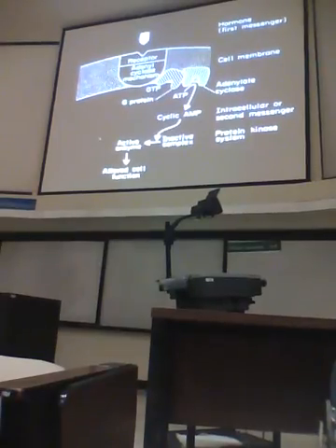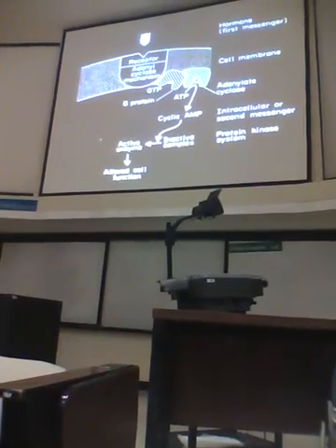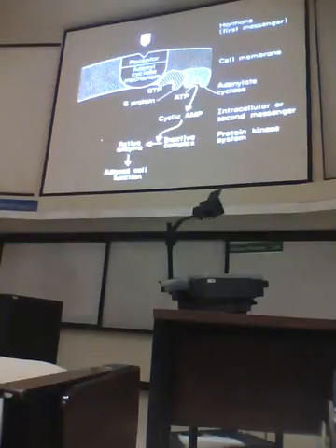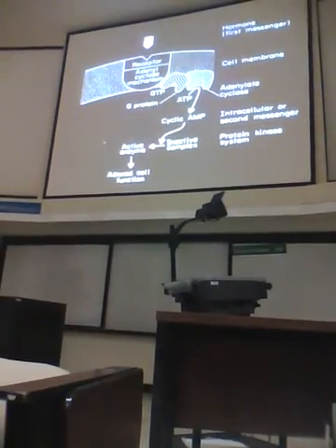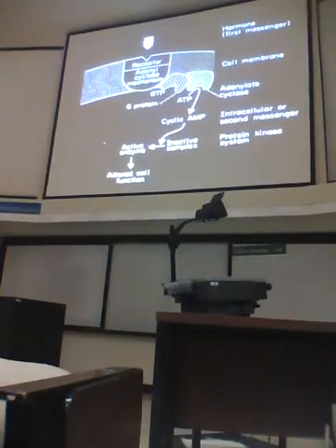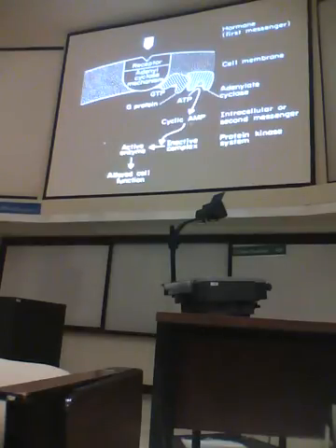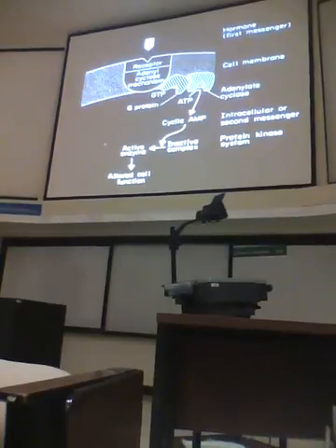So you can see that activation of this membrane receptor activates adenylate cyclase, results in the accumulation of cyclic AMP, which will then go on to activate protein kinase A, which will phosphorylate proteins and result in alterations in cell function. Now, I know that you all know cyclic AMP is a second messenger.